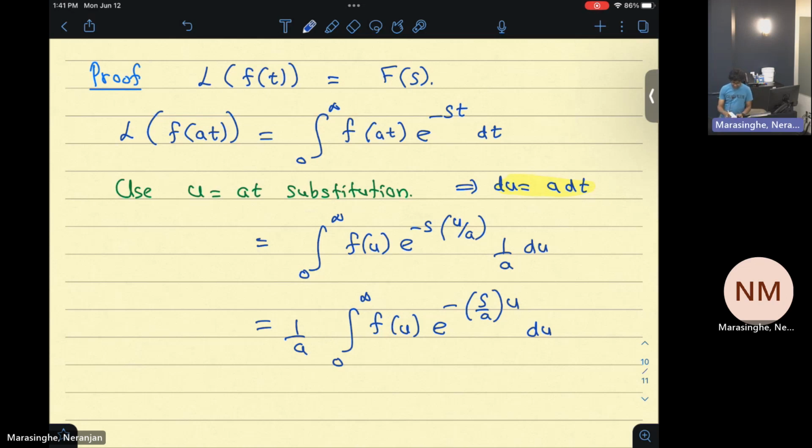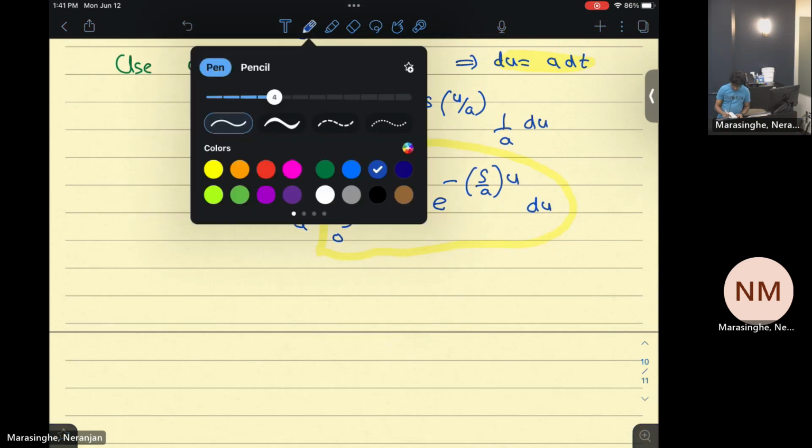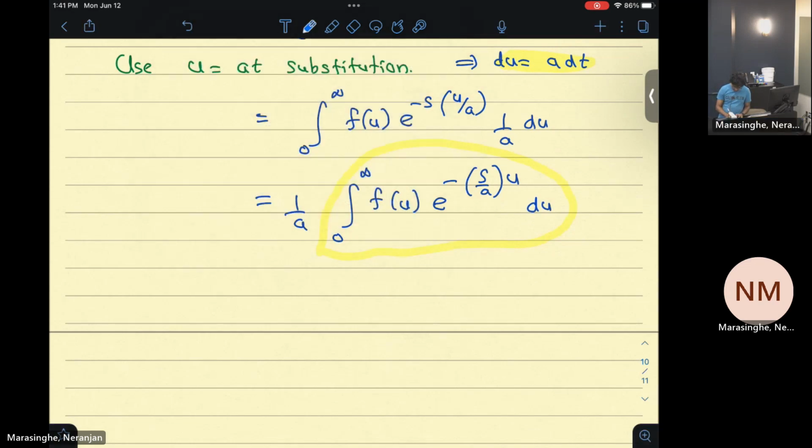Right. Now, what is this function? We know that F(s) is the Laplace transform of small f, right? So F(s) is going to be the integral from 0 to infinity of f(t) e to the minus st dt. Okay. So what is F(s over a)?